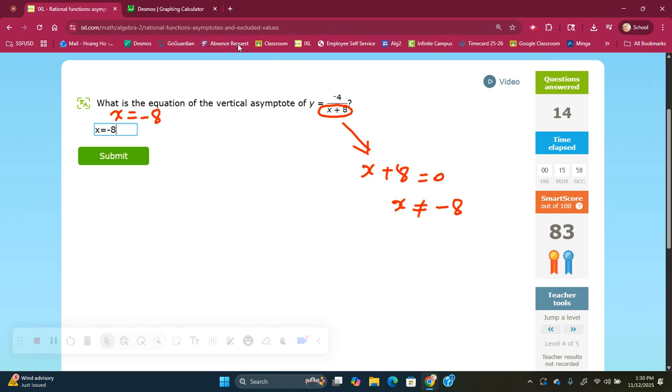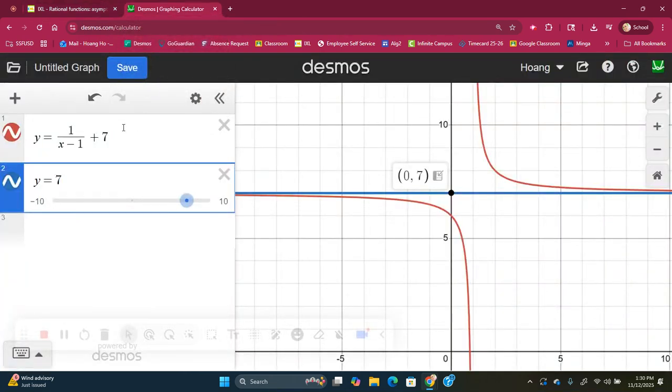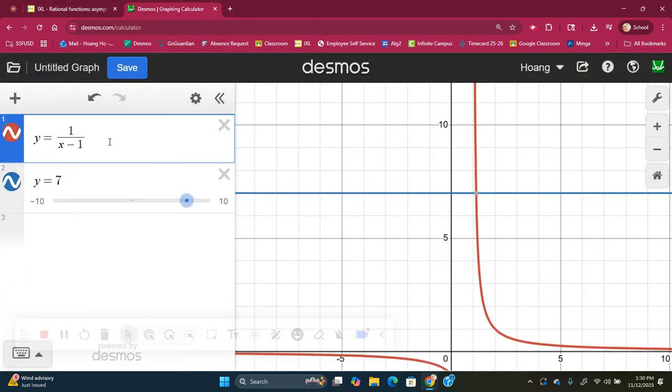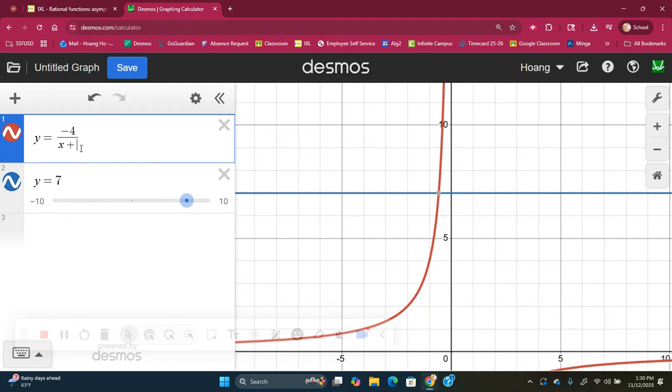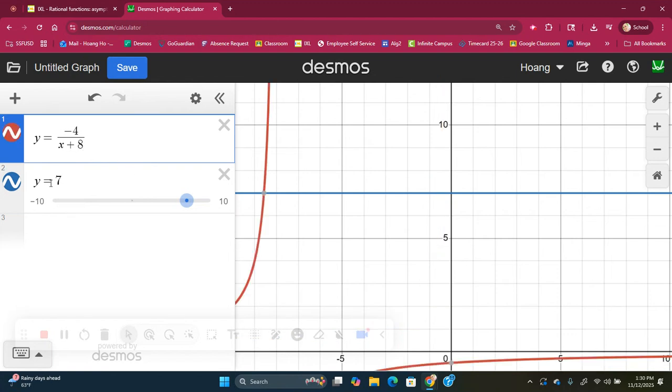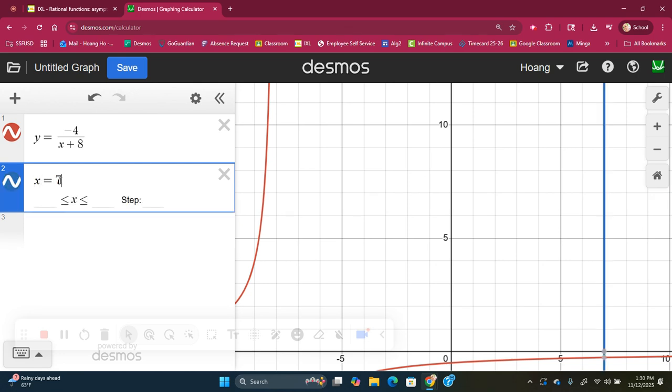So you want to double check with the graph? You can. Negative 4 on top, and x plus 8 on the denominator. So therefore, we have the vertical asymptote x equals negative 8.